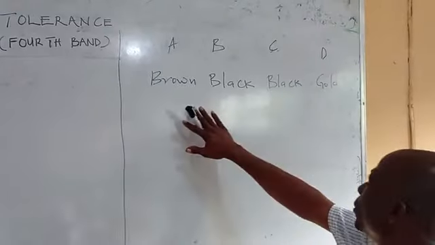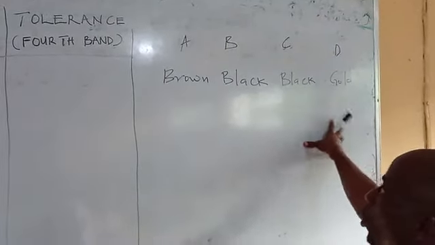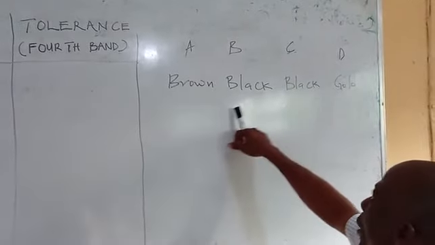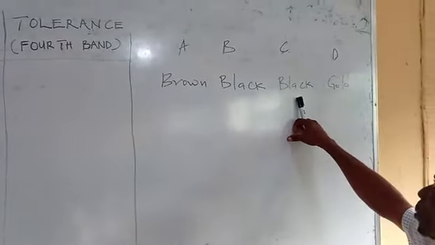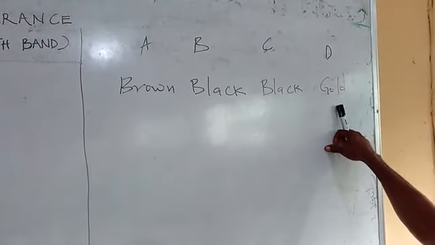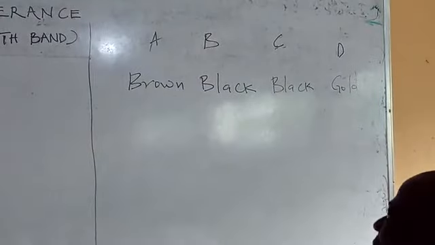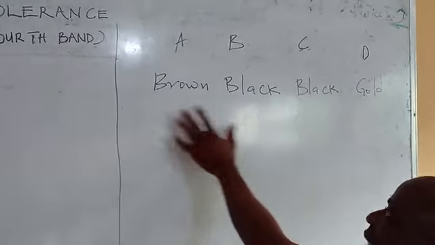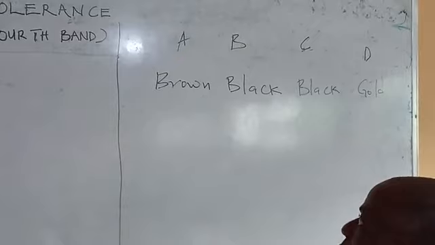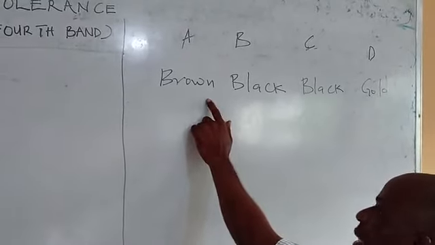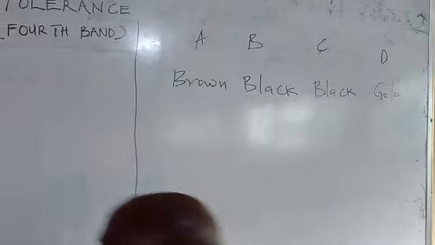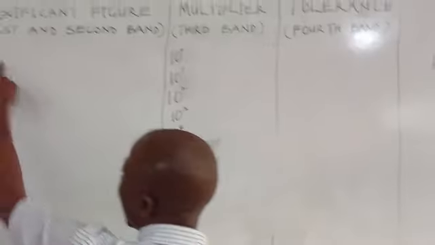Now let's look at a resistor. Assume that we have these 4 colors on a resistor. First color brown, second color black, third color black again, then the tolerance is gold. That's the fourth color, fourth band. I've told you that the first and second are significant figures. From our table, brown is 1 and black is 0.